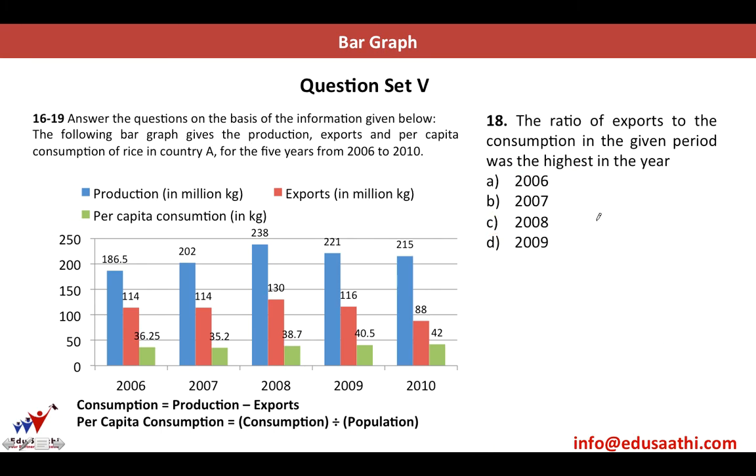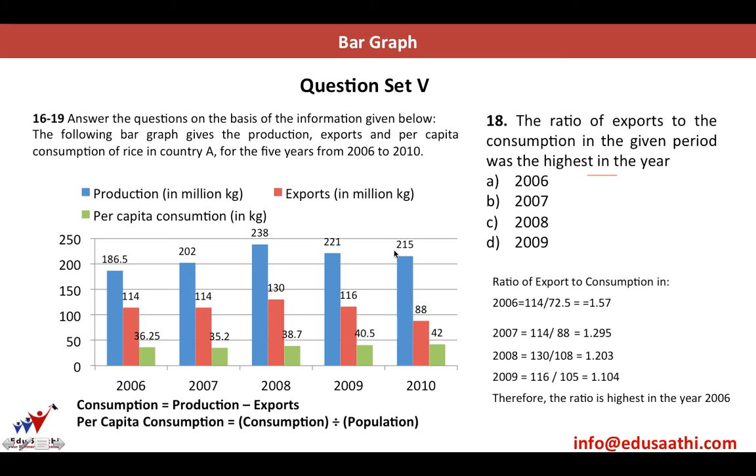The ratio of exports to the consumption in the given period was highest in which year? We've already calculated consumption for each year. We only need to take the ratio. So this is pretty simple. For the year 2006, I have the exports as 114 and the consumption was 72.5.